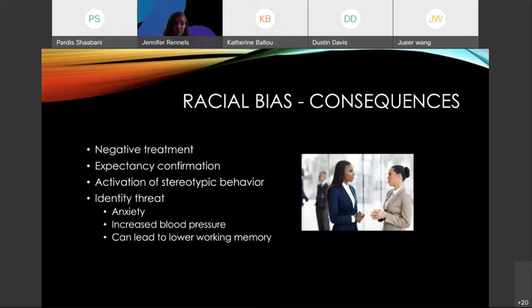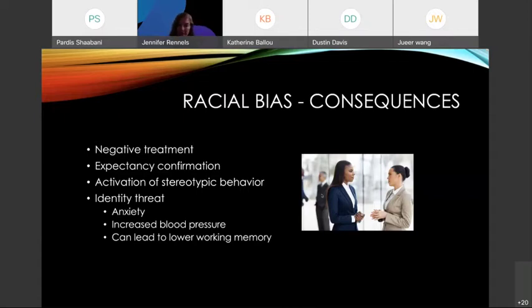There's also something known as expectancy confirmation that can occur in the workplace. So a person's negative biases affect their expectations of and their behaviors toward minorities. And this can negatively impact the person being targeted. And what that means is that the target can sometimes behave in a way then that conforms to the stereotype. This is kind of like a self-fulfilling prophecy type of thing.